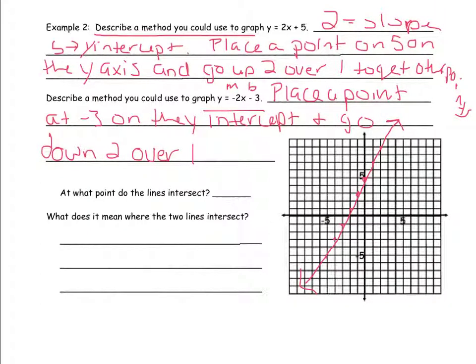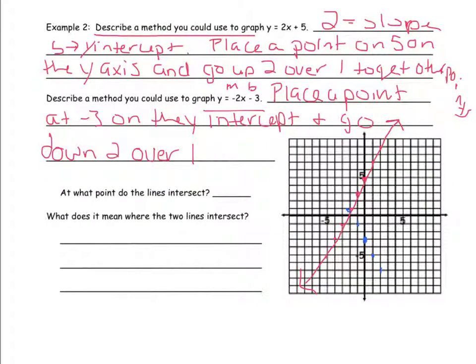So we're going to start at -3, and I'm going to change colors. We're going to go down 2, because it's a negative slope. Remember, our line has to be going downhill.